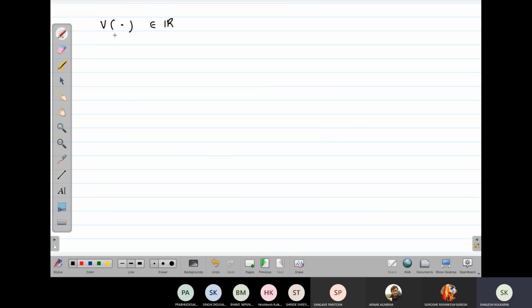Remember, this is a vector and this dot now represents any dual vector.